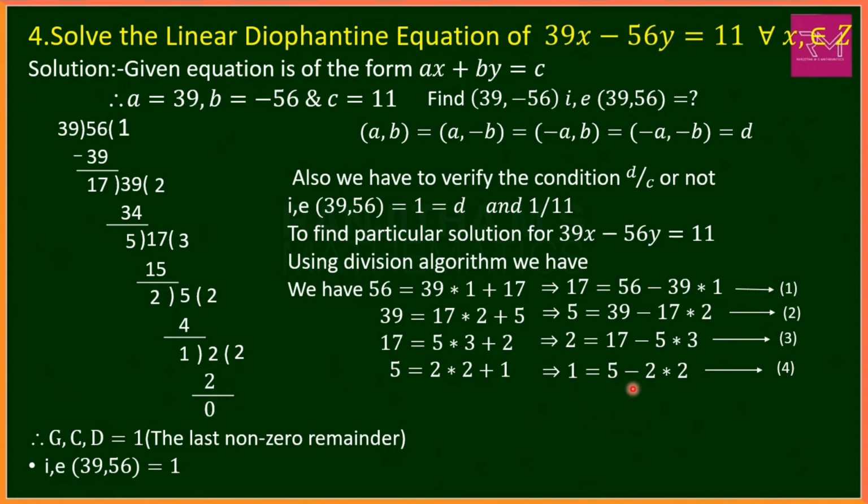Next step, take equation 4 and apply in the place of 2 equation number 3, in the place of 5 equation number 2, and in the place of 17 equation number 1. From equation 4, 1 is equal to 5 minus 2 into 2. Next step, substitute in the place of 2 equation number 3.